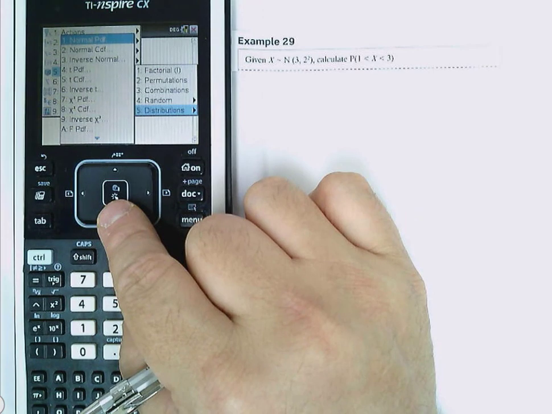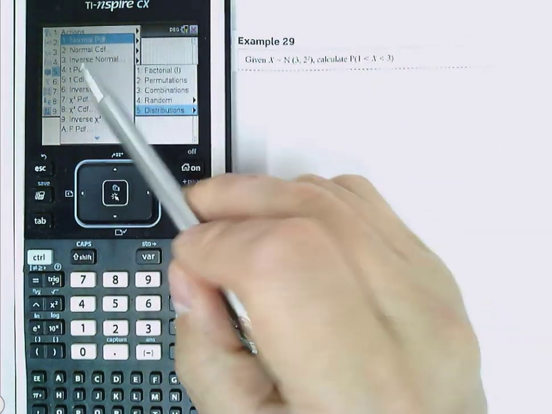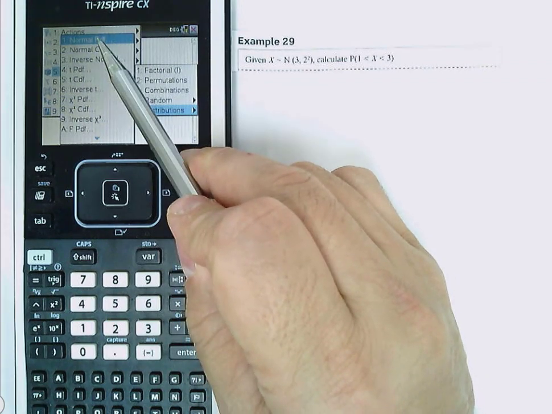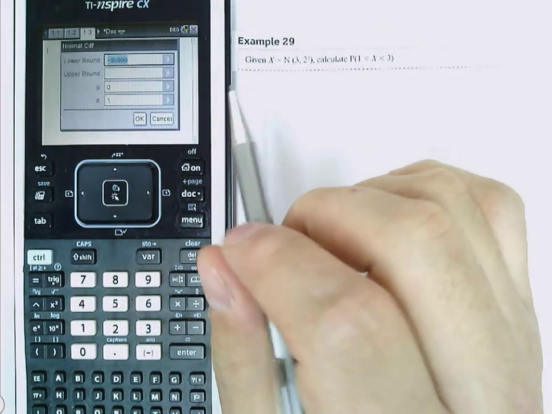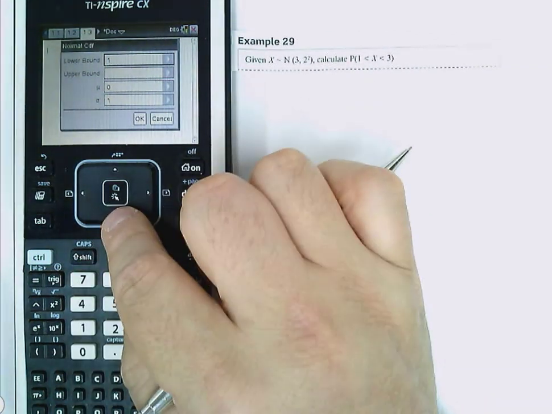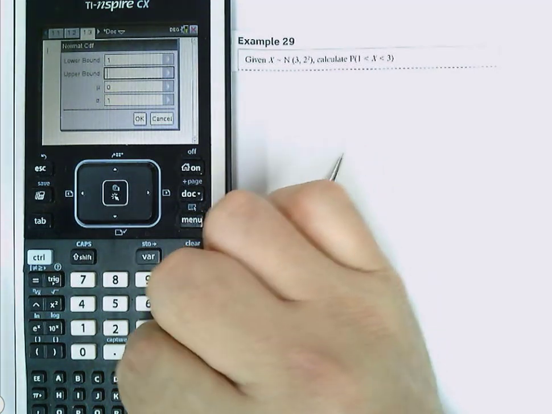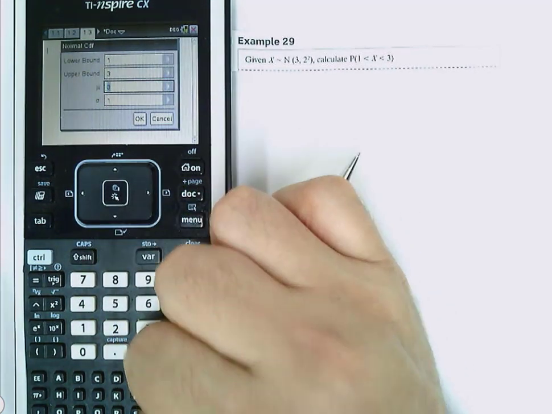Since I'm doing the area between, I'm going to need my CDF, not my PDF, right? A lower bound would be 1. Upper bound would be 3. In this situation, I have a mean of 3.